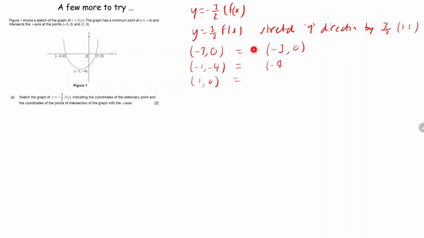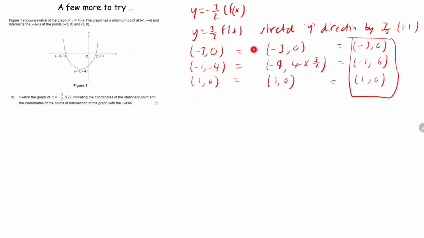We have -1 and 4 times by 3 over 2. And we have 1 and 0. That gives us the coordinates -3, 0, -1, 4 times by 3 is 12, over 2 is 6, and 1, 0. So that's the coordinates after applying the first transformation.